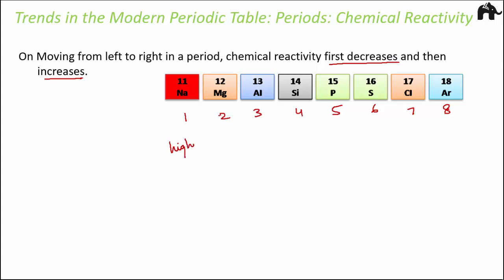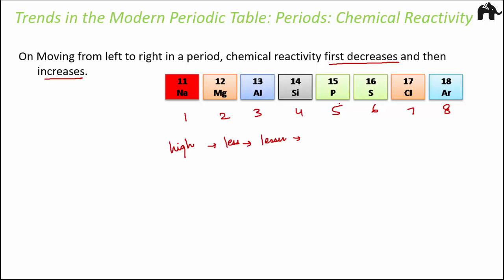But as we go towards the right side, we see that magnesium has 2 electrons. So losing 2 electrons is little more difficult than losing 1 electron. Losing 3 electrons little more difficult. 4 electrons more difficult, right? So therefore the reactivity will gradually become lesser as we move towards the right side. But then what happens again after this? So if we talk about phosphorus, it has 5 electrons.